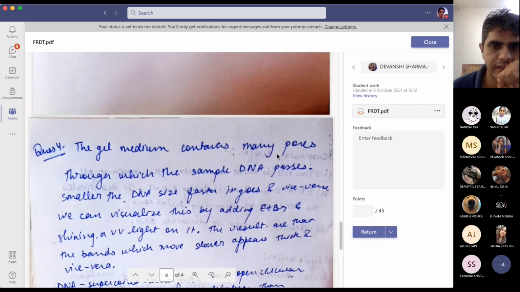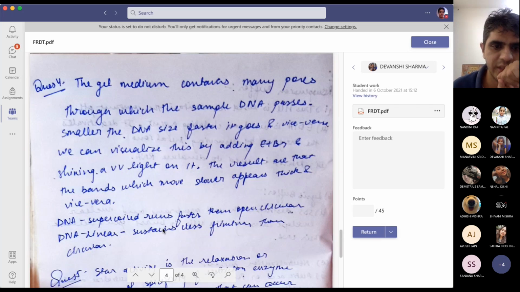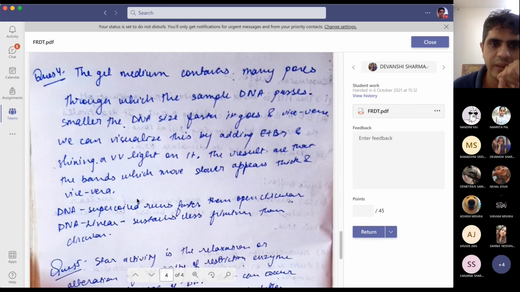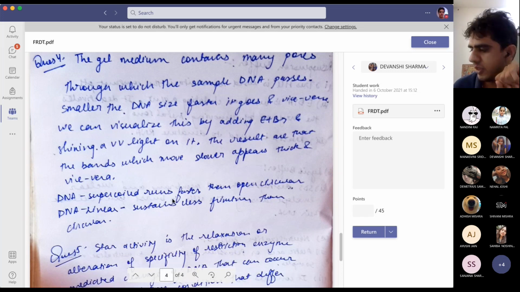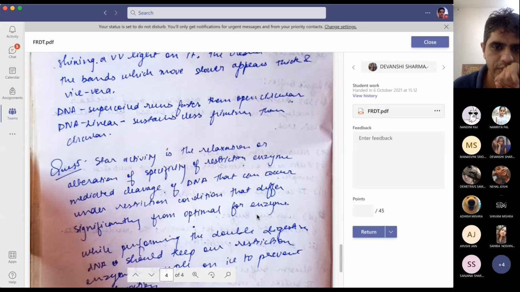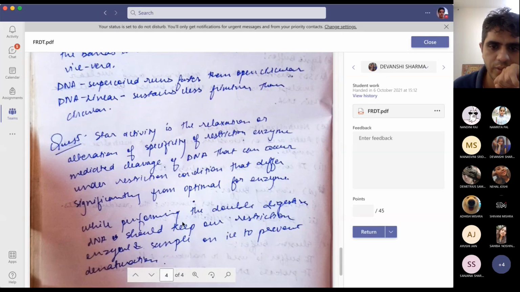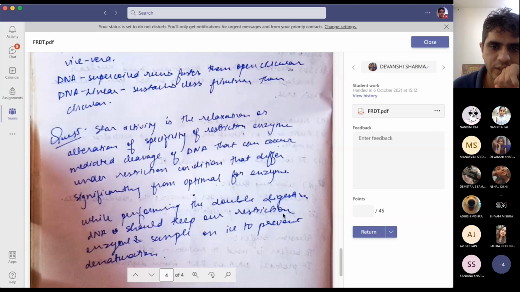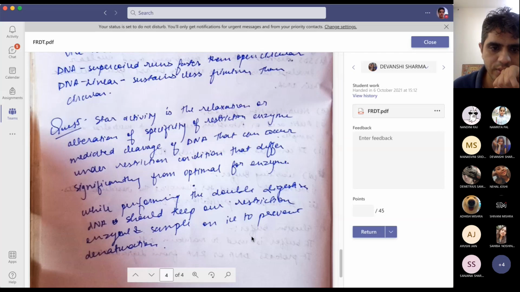Gel medium contains pores, DNA supercoiled. So here you can't write anything for it. Question number 5, star activity. Under non-optimal conditions while performing double digestion, you should keep the restriction enzyme compatible.